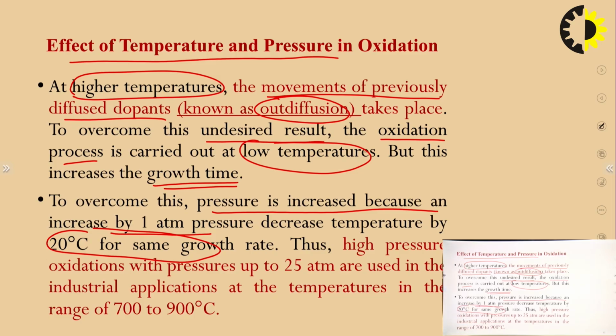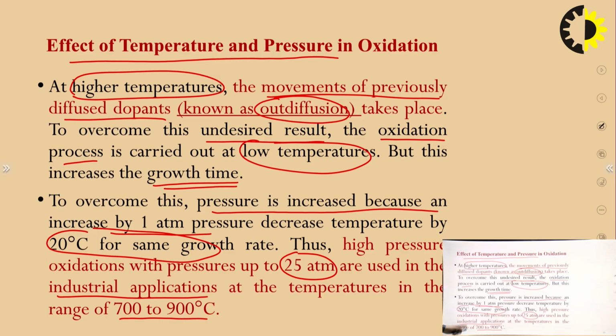So, reducing the temperature by 20 degrees centigrade and increasing the pressure by 1 atmosphere, there is no change in the growth rate of the oxide layer. So, the reduction in temperature gets compensated by the increase in pressure. High pressure oxidation with pressure up to 25 atmospheres is used in industrial applications at temperatures in the range of 700 to 900 degrees centigrade.